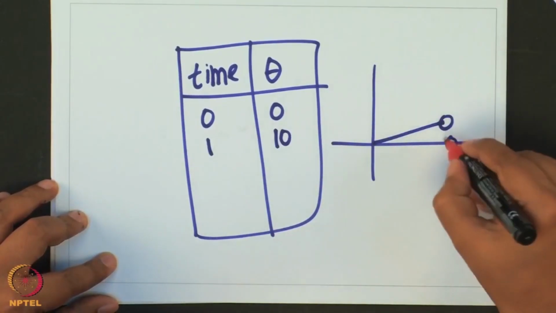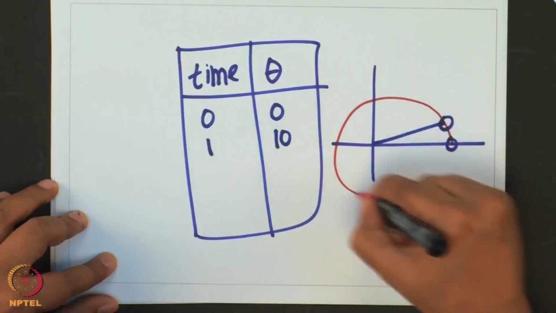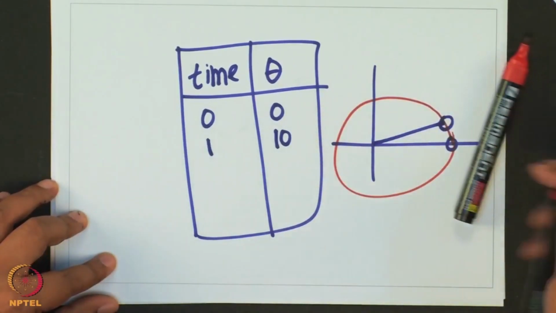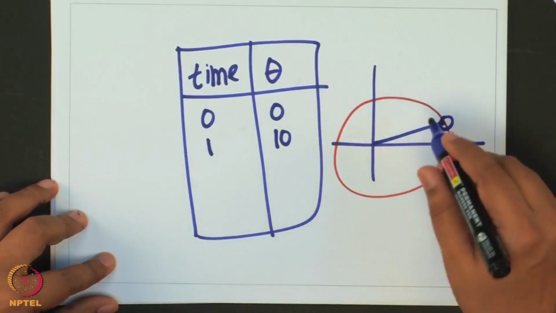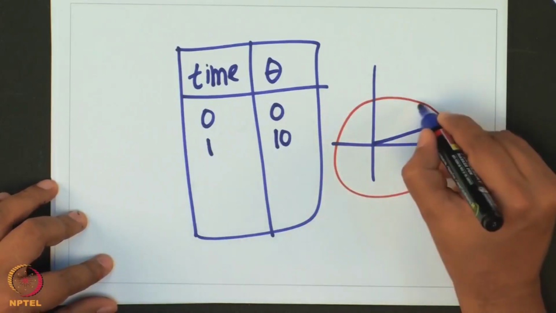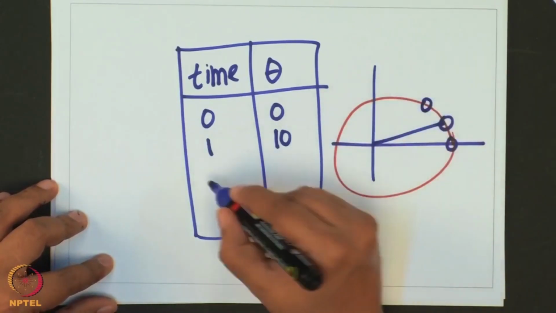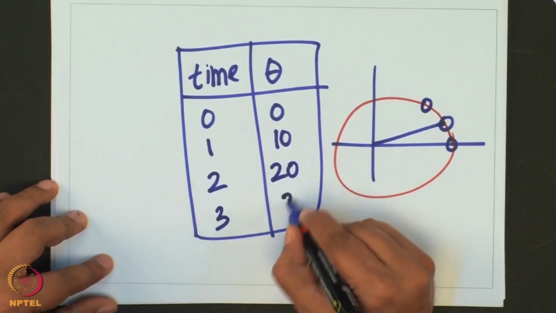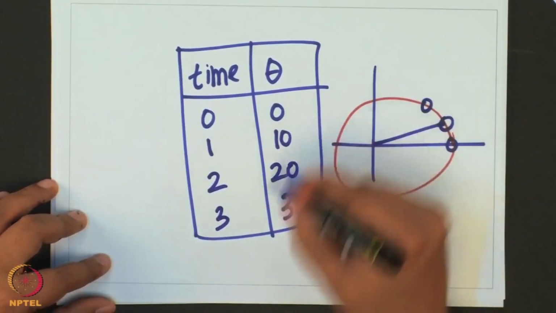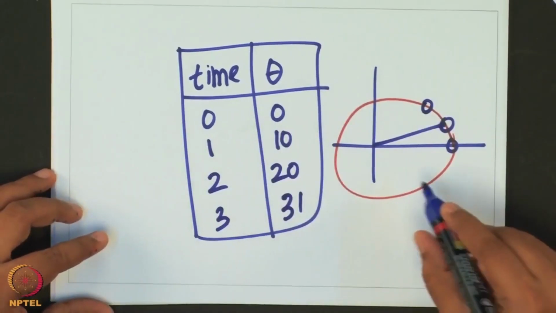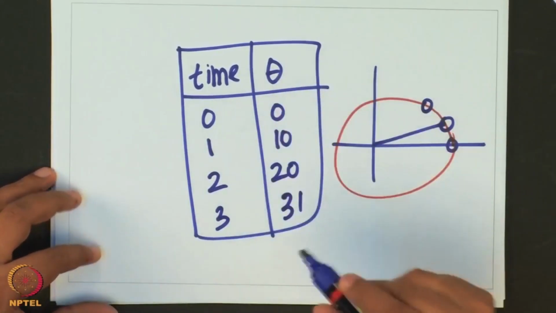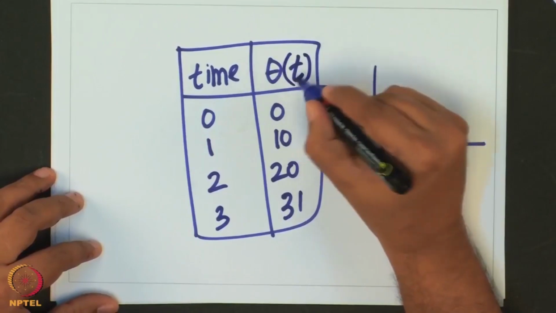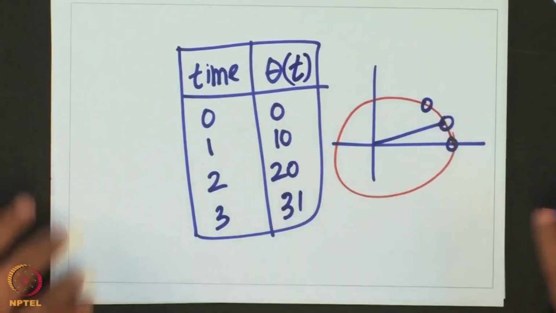If I have a circle, which is not nicely shown here, and I want to move along this, I could say after 2 minutes it became 20 degrees, 3 minutes 31 degrees, and so on and so forth. And this would tell you the movement along this. I just need to specify this theta variable, which is the angle. So this is the use of polar coordinates.